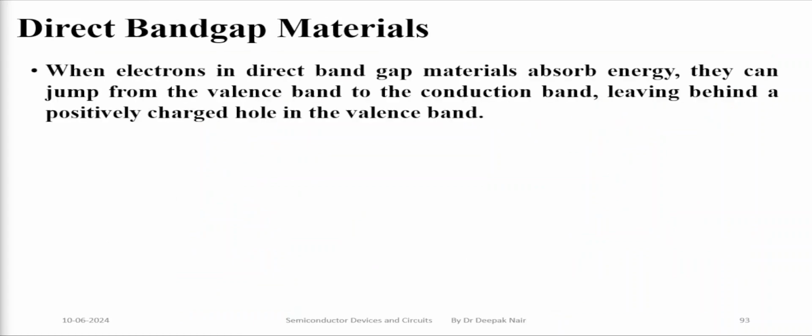So in case of direct bandgap materials, when electrons absorb energy, they jump from valence to conduction band, leaving behind a positive charge or hole in the valence band. So when you apply an external energy, assume this is the conduction band and this is the valence band. So EC is here and EV is here.